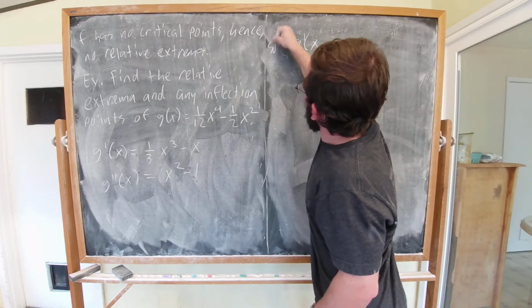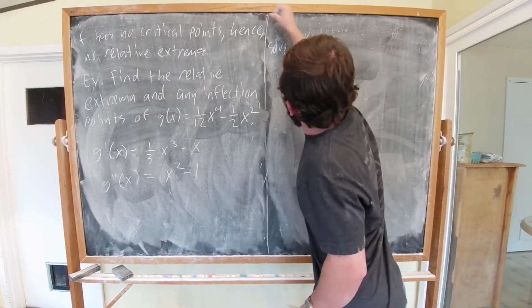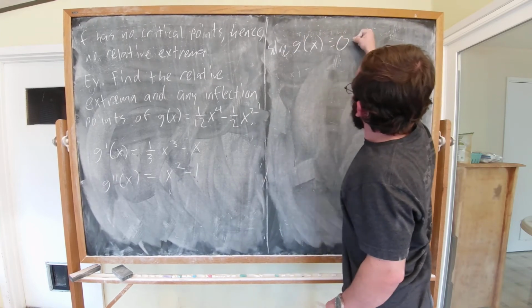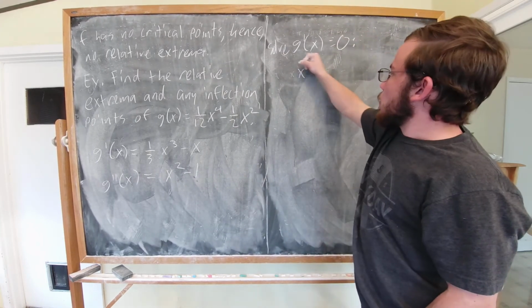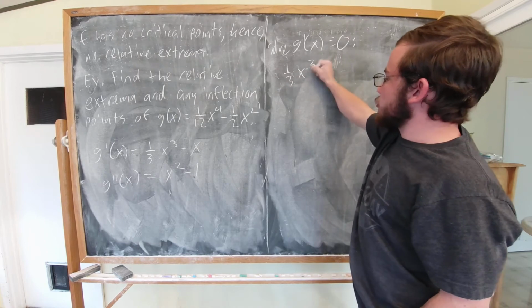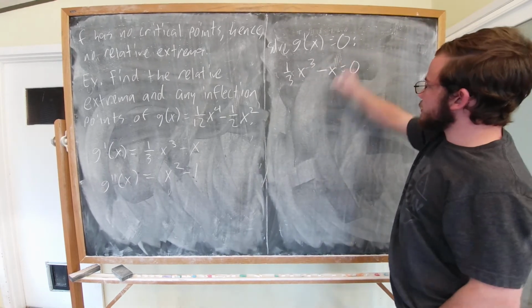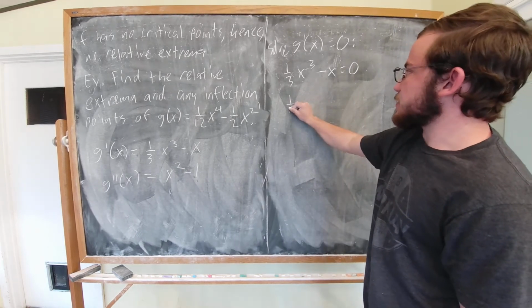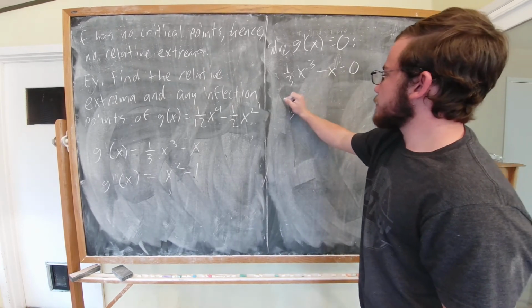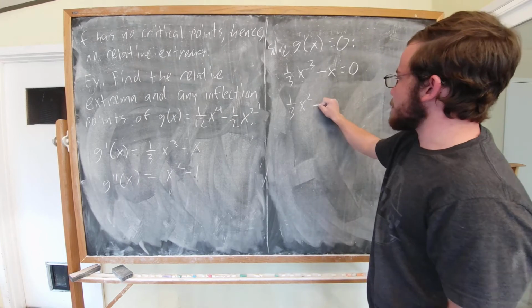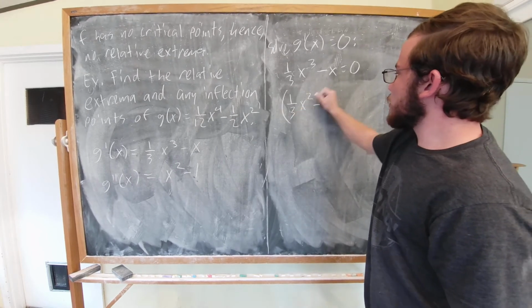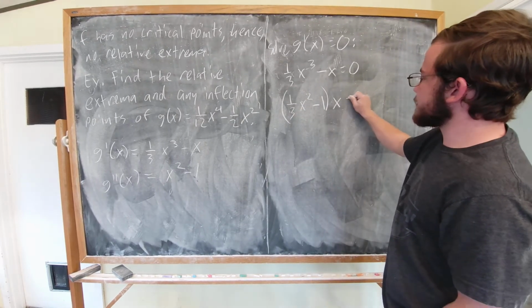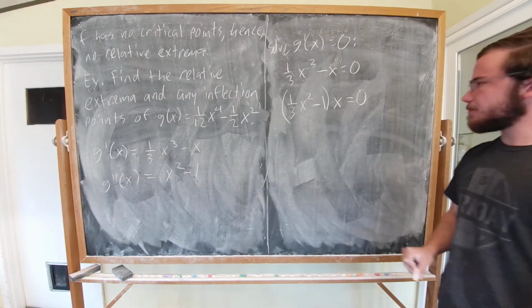So we solve g prime of x equals 0, aka 1/3 x cubed minus x equals 0, factoring the polynomial. That tells us 1/3 x squared minus 1, all times x, is equal to 0.